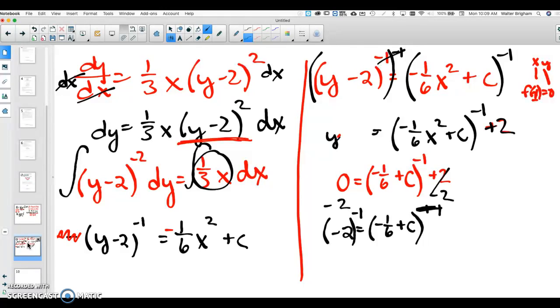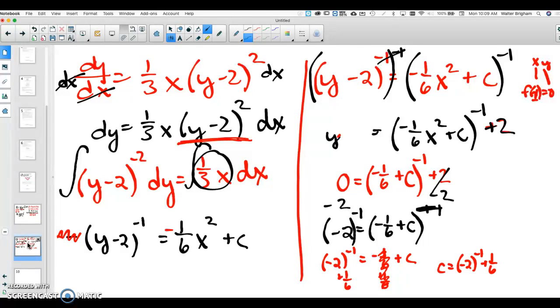So I've got negative 2 in parentheses to the negative 1 equals negative 1/6 plus c. And add 1/6 to both sides. So I know that c is equal to negative 2 to the negative 1 plus 1/6.